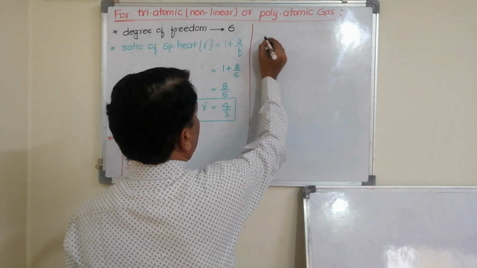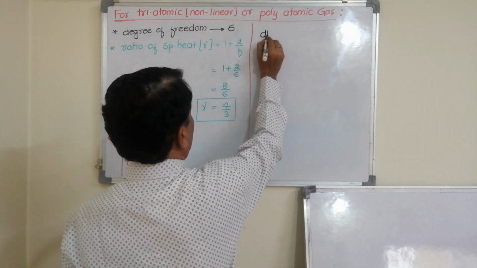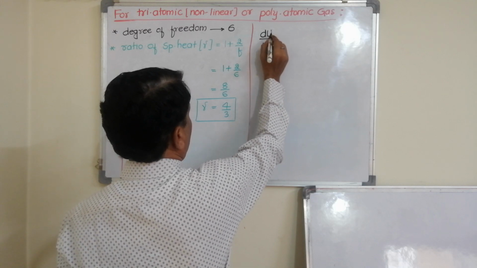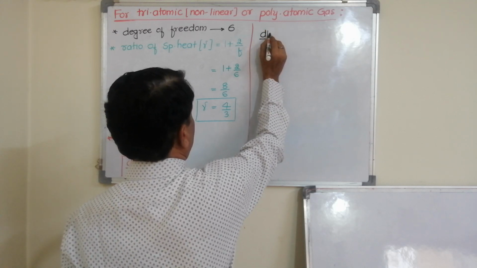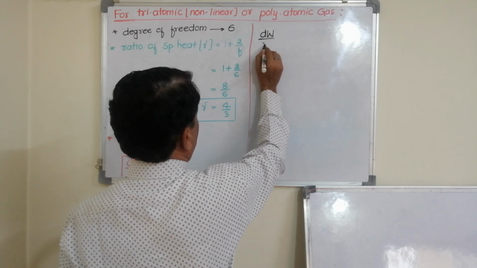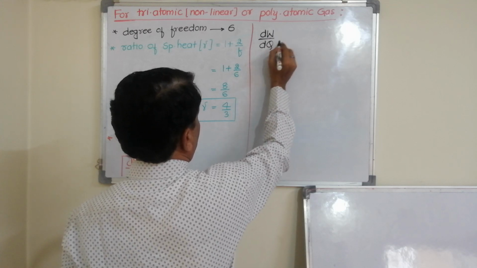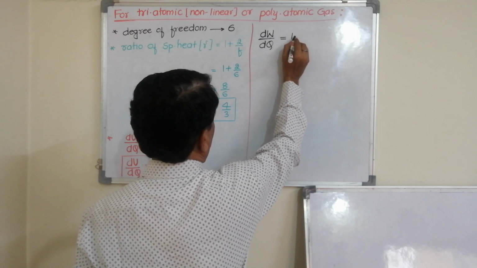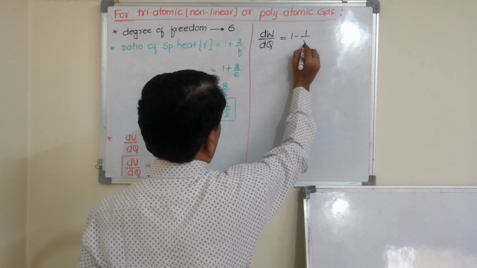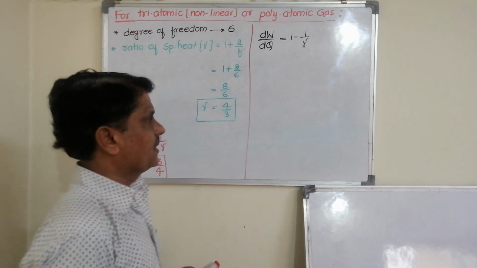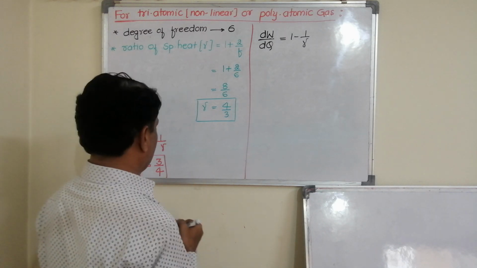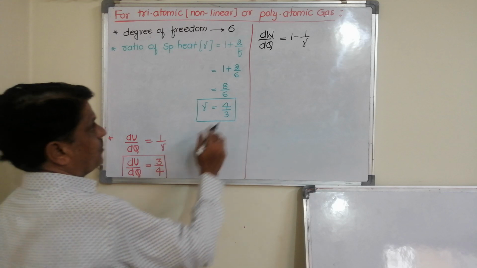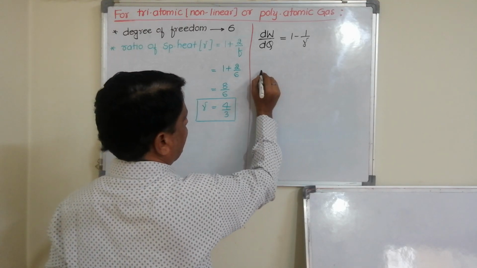Already I wrote it is 1 minus 1 by gamma, correct? Even if you substitute 1 by gamma here, you get it.